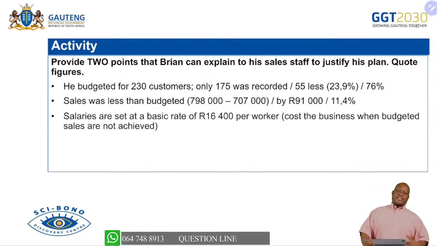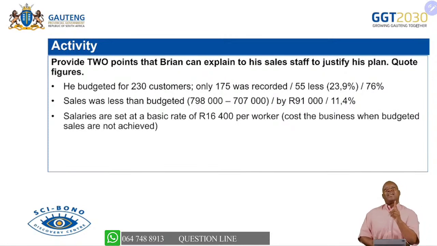Let's look into their salaries. They are earning a basic of 16,400 per worker. That is if we divide this by 5 sales employees, including the driver, into 84,000, which we are paying them per month. Then it means one person is getting 16,400.